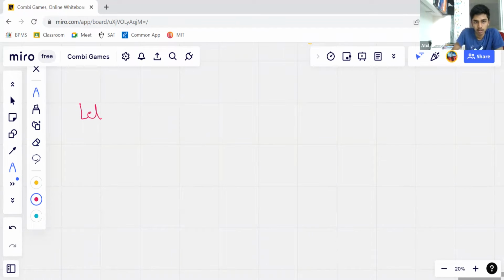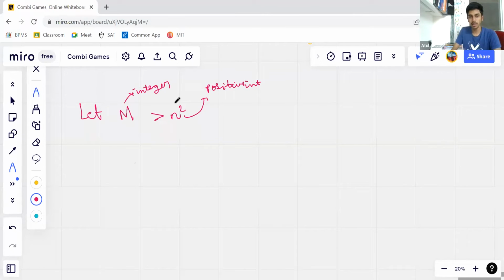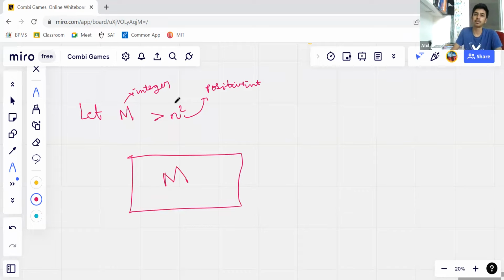Let m be an integer greater than n squared, where n is also some positive integer. Initially there is a board and the number m is written on it.